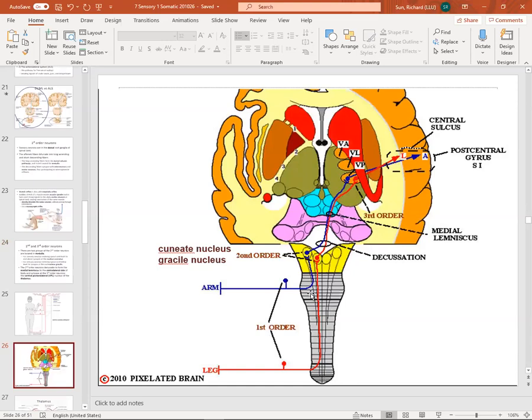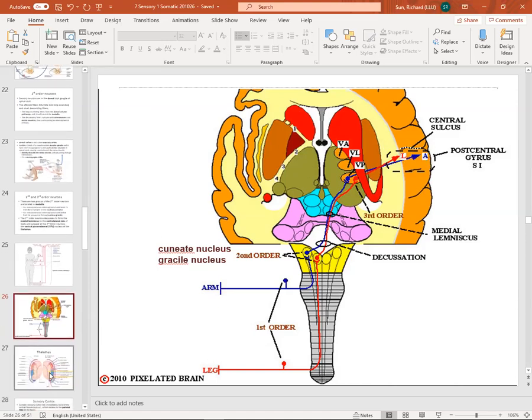So you can see that the second order neurons cross to the other side to reach the ventral posterior region of the thalamus. And from there, it will send the third order neuron to the sensory cortex.